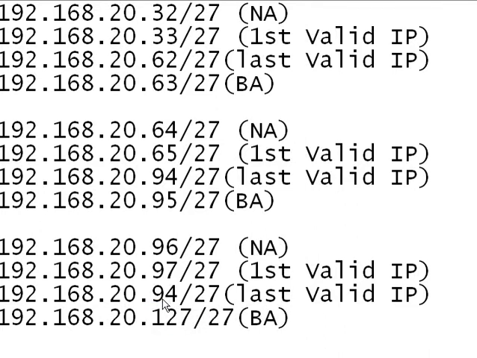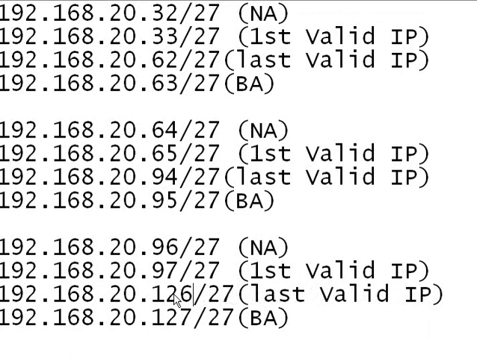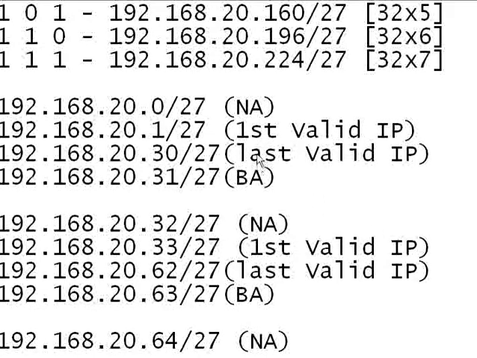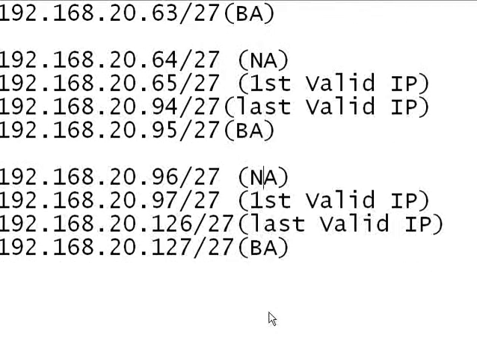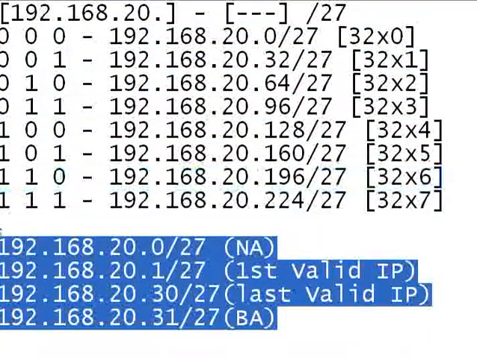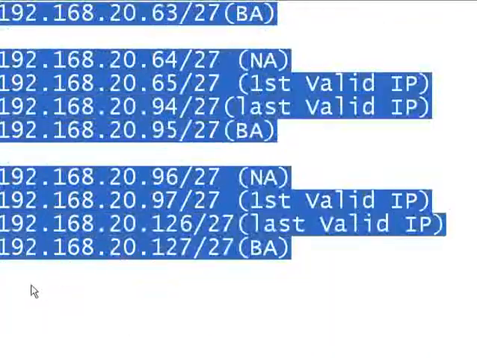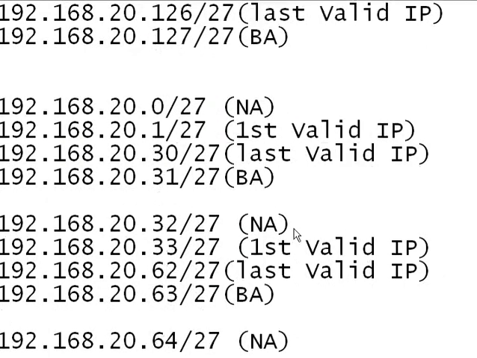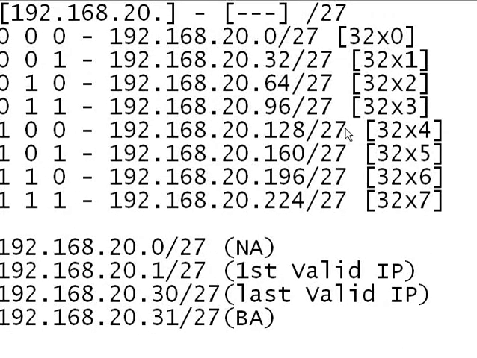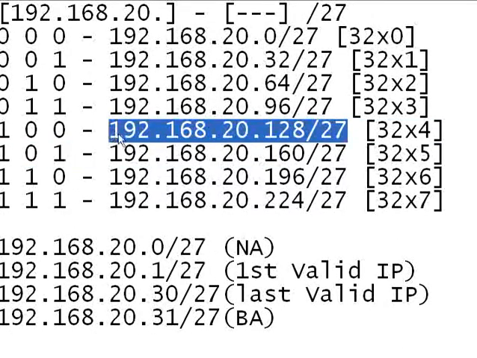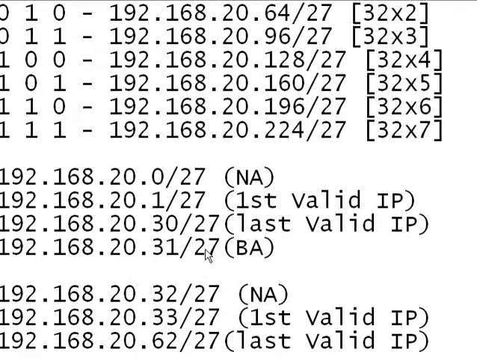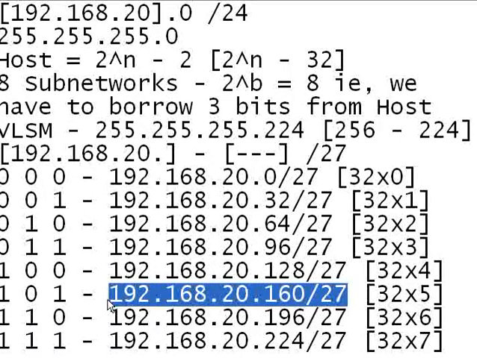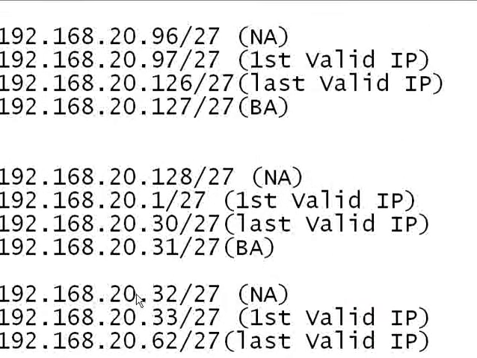Now we have to calculate 4 more. So let's quickly calculate. After 96, this is your subnetwork 128, 160. So this will be 160. This will be 196. Don't get confused, I'm just copying and pasting it here. This is 196 and the last is 224.